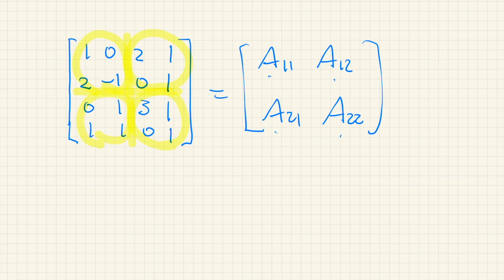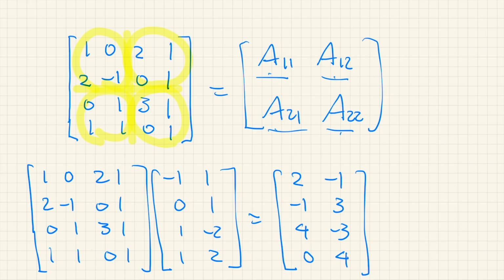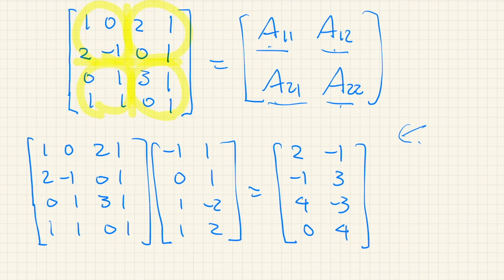Okay, let's start. What's nice about partitioning a matrix into blocks is that we can simplify some matrix operations by reducing it to smaller matrices. For example, consider this matrix product.